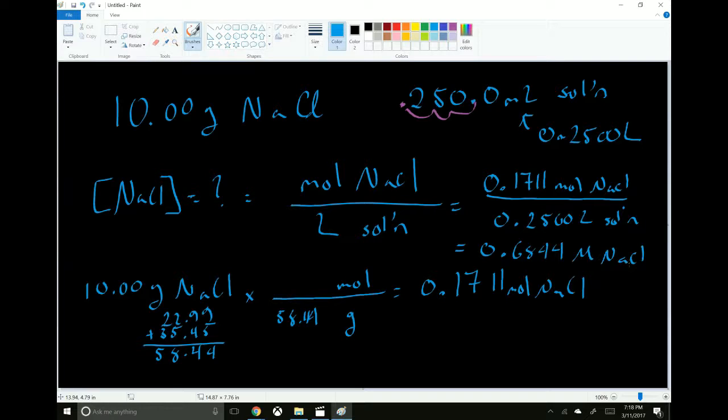That is not necessarily going to mean much to you right now. We're starting to get into some of the more abstract sorts of quantities and concepts, but that is a fairly concentrated solution. 1 molar means 1 mole per liter, and a liter of water is about the size of a Gatorade bottle.